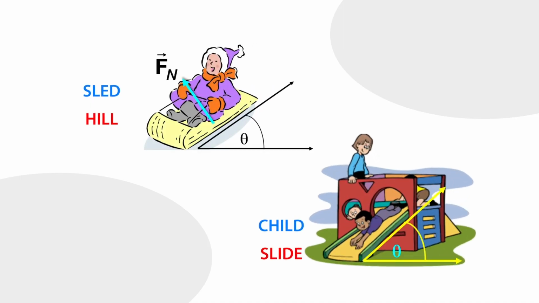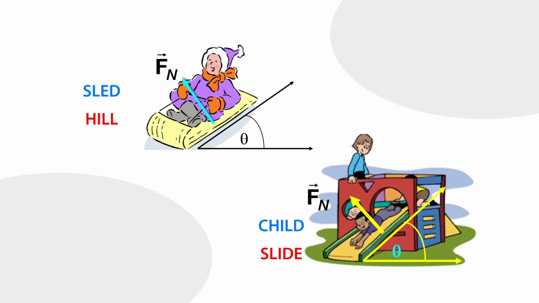Here I have shown you a child sliding down a hill, or another child sliding down a slide in the playground. So the child is sitting on the sled, and the sled is inclined at an angle theta to the horizontal.